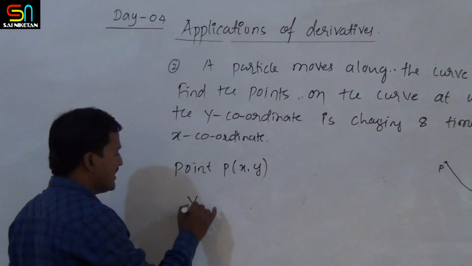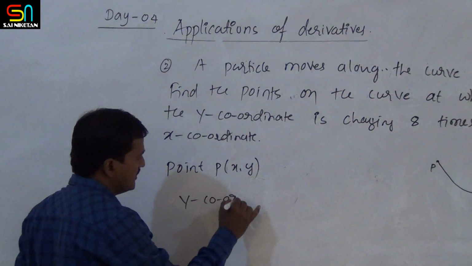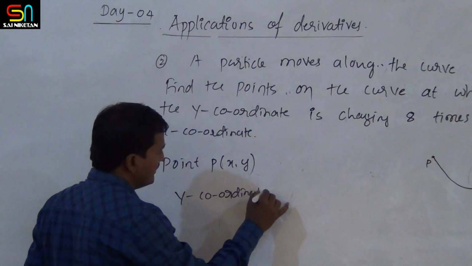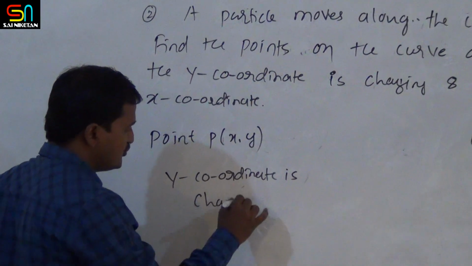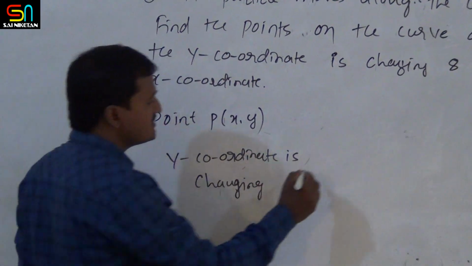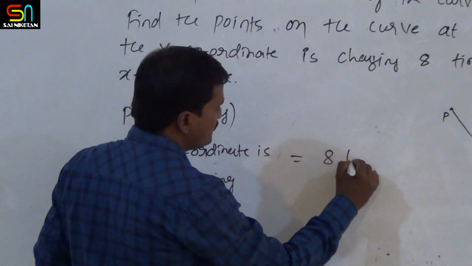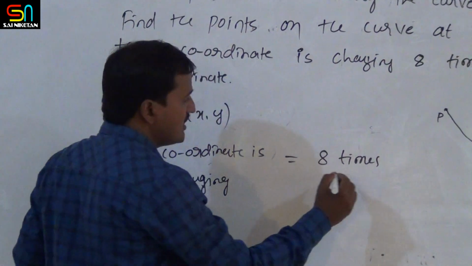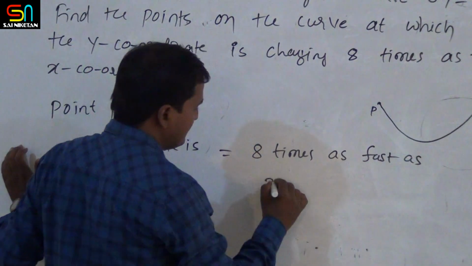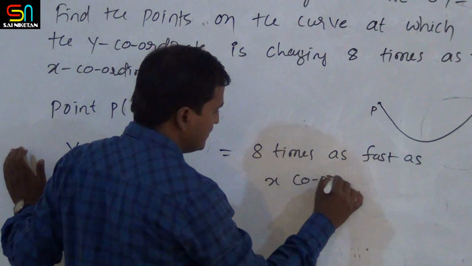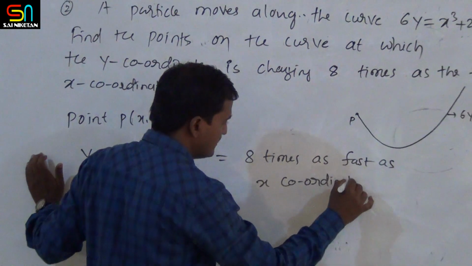Suppose you know that the x coordinate is x and the y coordinate is y. So what have they given? The y coordinate is changing 8 times as fast as the x coordinate. So actually this is the given condition.